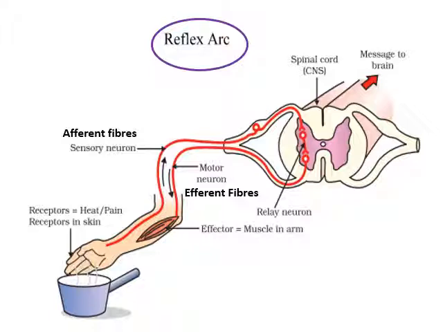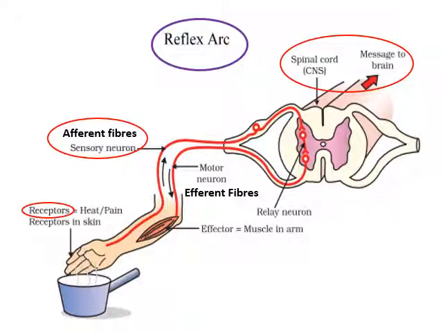The components of the reflex arc include the receptor, which responds to the stimulus; the afferent pathway, which transmits impulses to the spinal cord, the central nervous system, which processes the information; the efferent pathway, which transmits impulses out of the spinal cord; and then the effector organ, which includes muscle or gland that receives the impulses from the motor neuron and carries out the desired response.